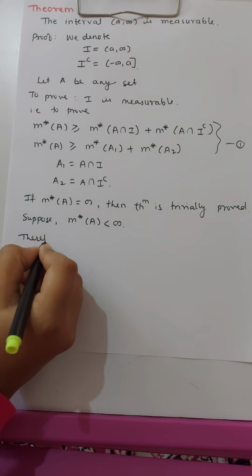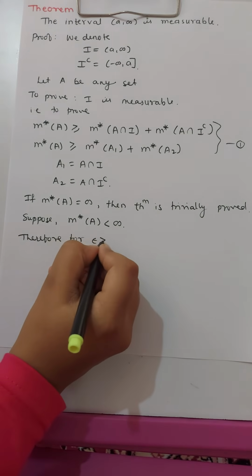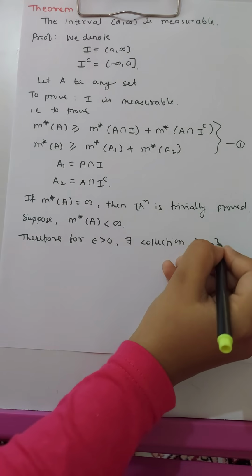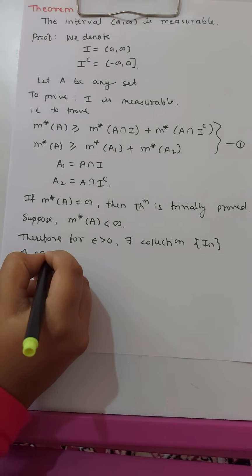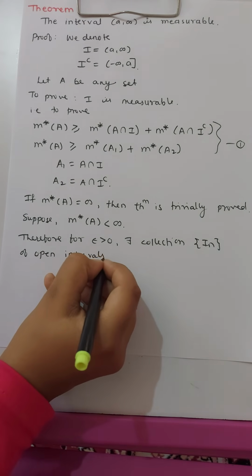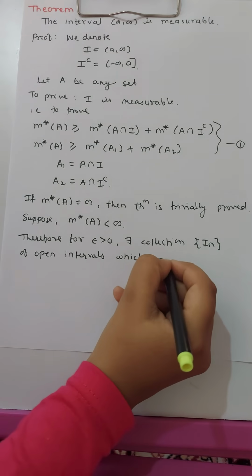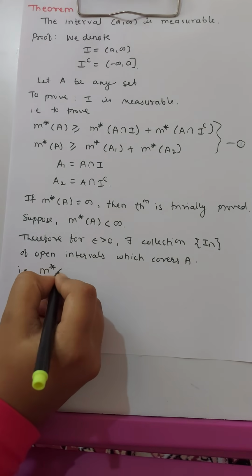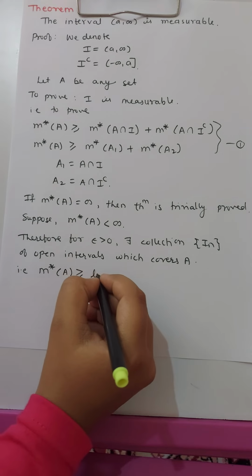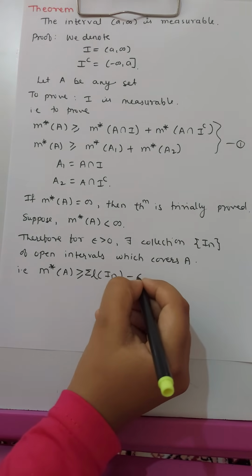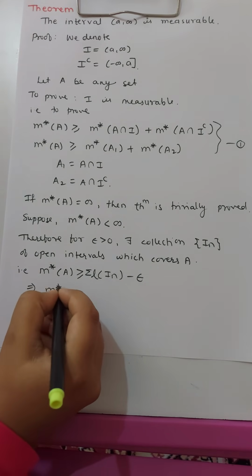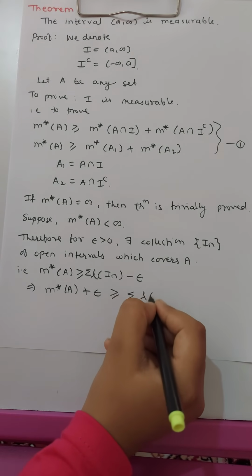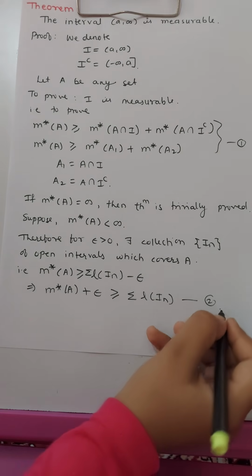Therefore, for epsilon greater than 0, there exists a collection of open intervals In which covers A. So by definition, outer measure of A is greater than or equal to summation of length of In minus epsilon, or this can be written as outer measure of A plus epsilon is greater than or equal to summation of length of In. Let this be number 2.